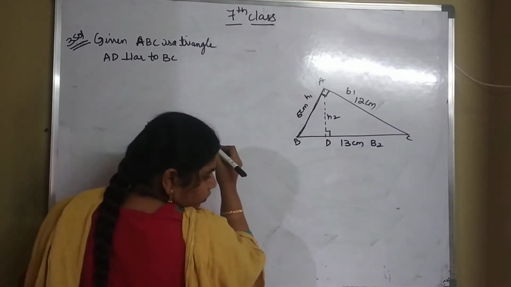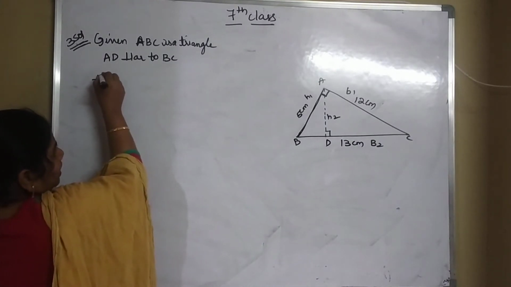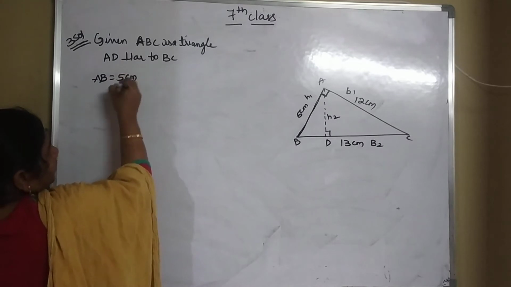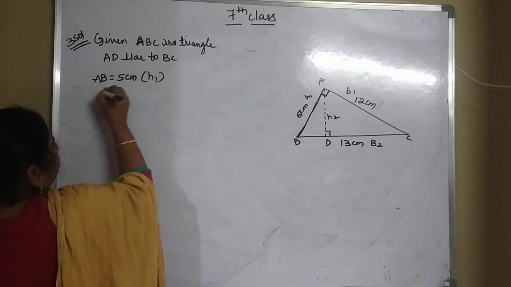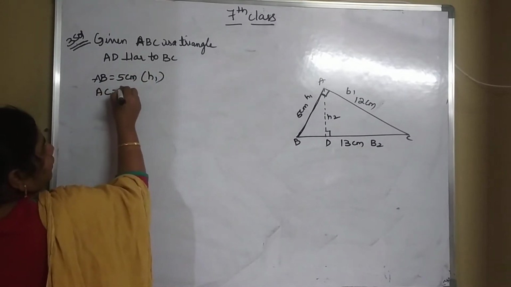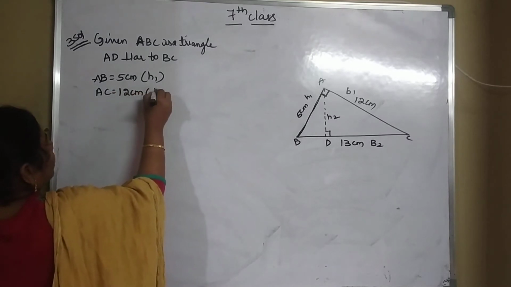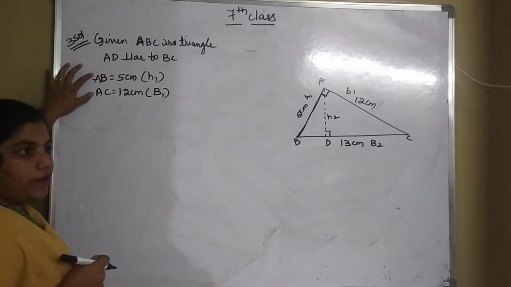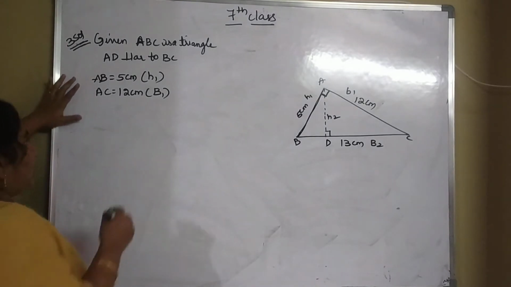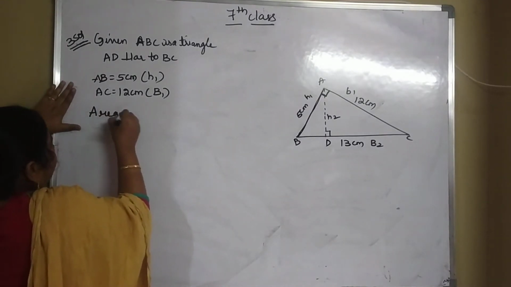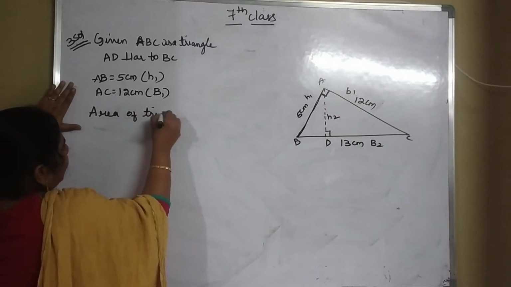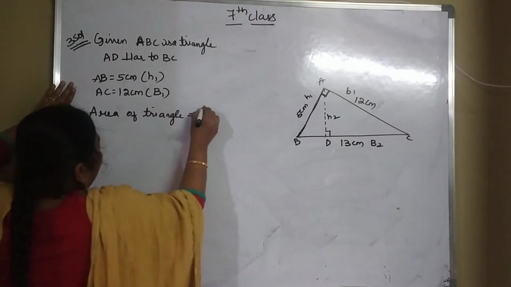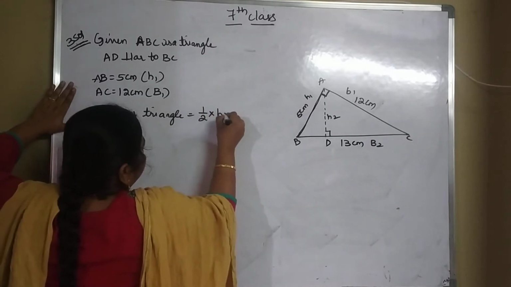AB is given as 5 centimeters, that is height 1, and AC is given as 12 centimeters, that will become base 1. By applying these two we are going to find the area of the triangle. What is the area of a triangle formula? Area of a triangle is equal to half into base into height.